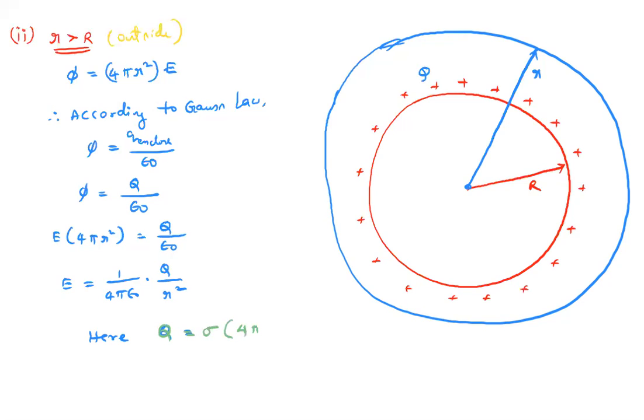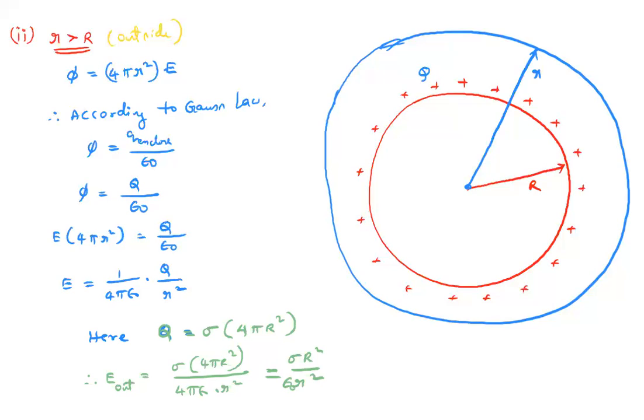For what surface area is this charge located? Only for radius capital R. So the electric field for an outside point is sigma times 4 pi capital R square divided by 4 pi epsilon naught into small r square, which gives sigma capital R square divided by epsilon naught times small r square.